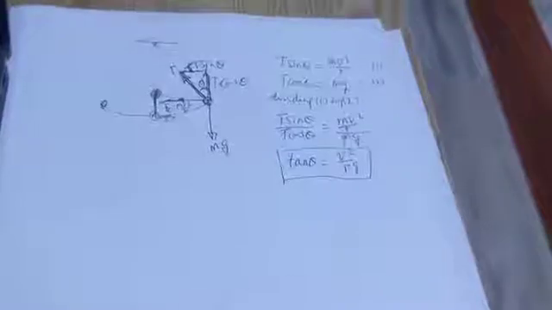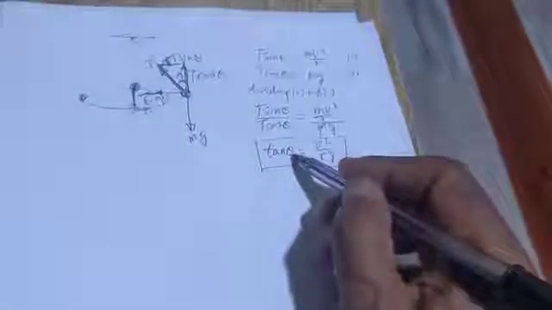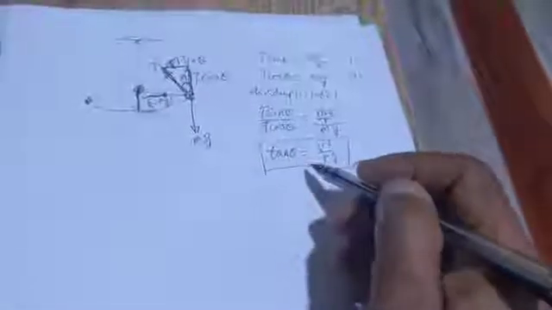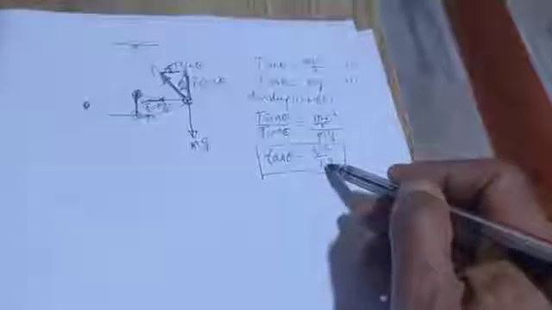In any banking system, as the velocity increases and with r and g constant, the banking angle increases. So tan theta is proportional to the square of the velocity and inversely proportional to the path radius.